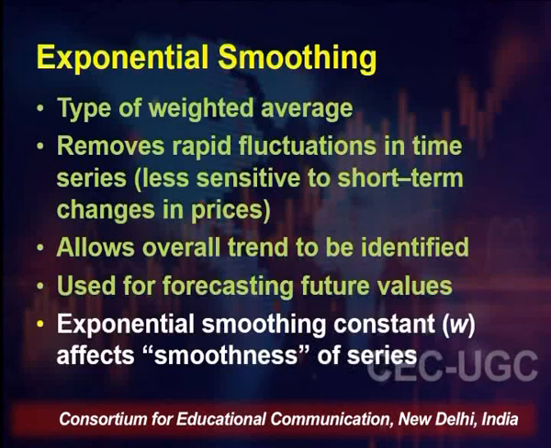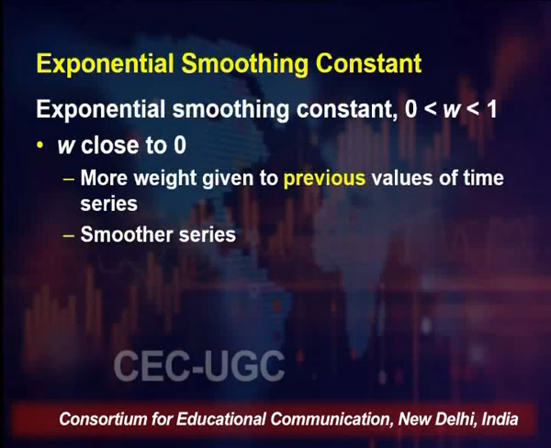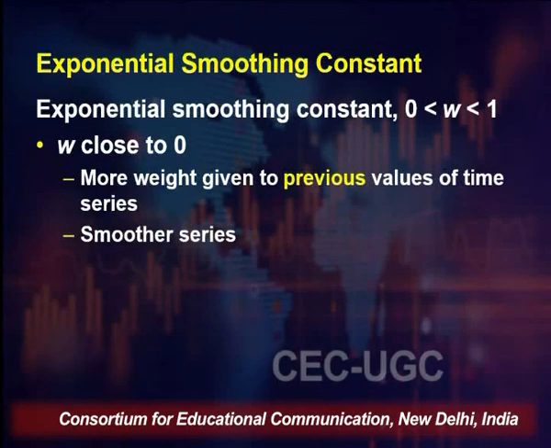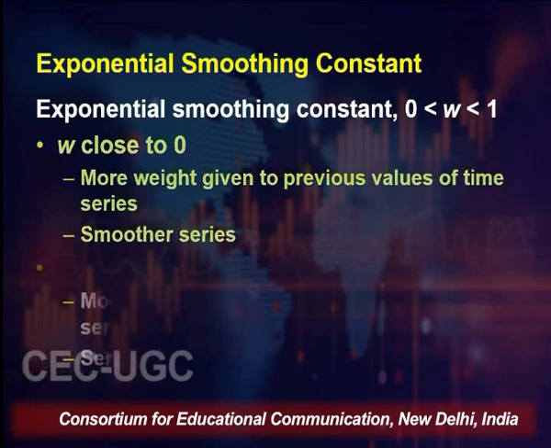So the exponential smoothing constant affects the smoothness of the series. Suppose I take W close to 0, then more weight is given to previous values of the time series in order to make the series smoother.